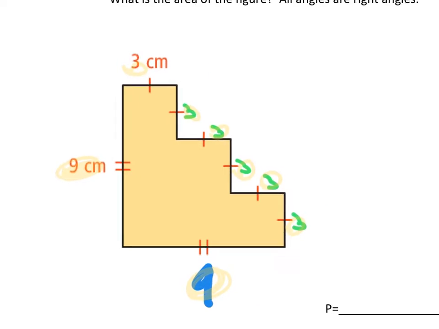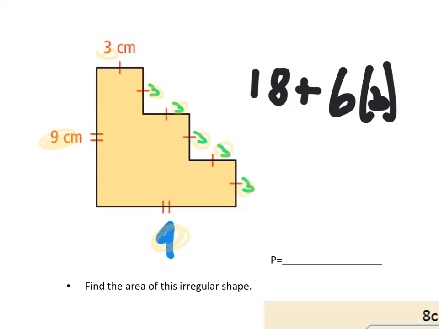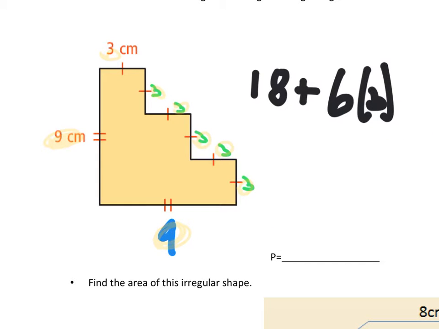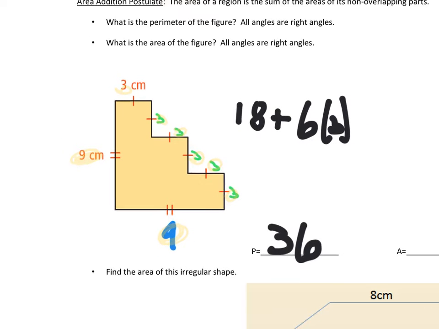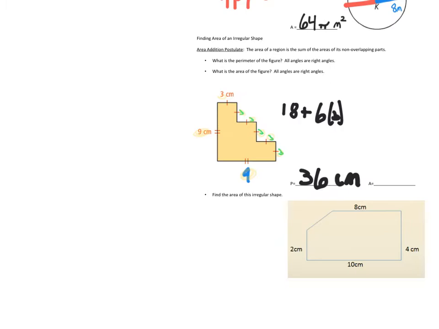You can make this a little easier on yourself, step by step: 9 plus 9 is 18, plus, it looks like 1, 2, 3, 4, 5, 6 3s. So I can multiply 6 and 3, which is also 18. So 18 plus 18 gives me a perimeter of 36. My unit here is centimeters.